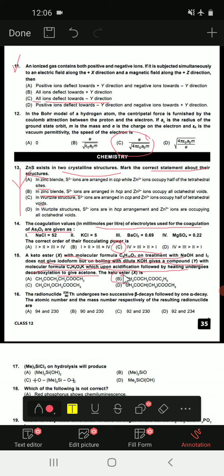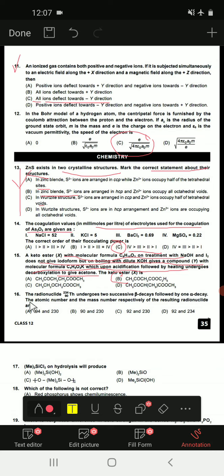The radionuclide thorium-234 (atomic number 90) undergoes two successive beta decays followed by one alpha decay. The atomic number and the mass number respectively of the resulting radionuclide are? See what will happen. Alpha is actually a helium nucleus and beta is an electron.